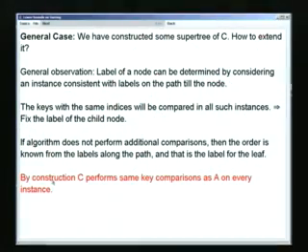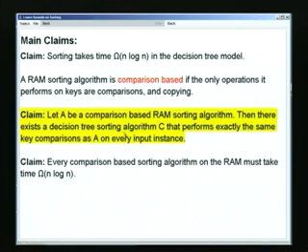Now, the important point is that we have constructed our decision tree algorithm in this manner, and by construction, because of the care we took in the construction, you can see that C performs exactly the same key comparisons as A does in exactly the same sequence on every instance. So, this finishes this claim.